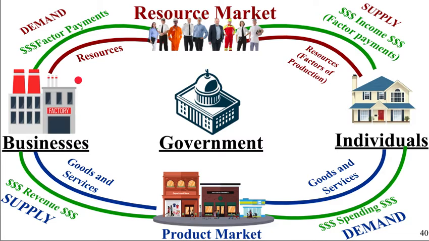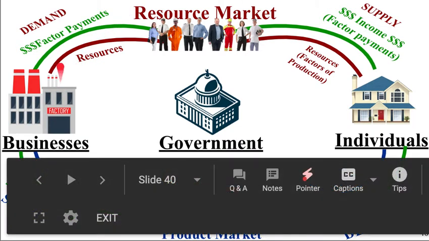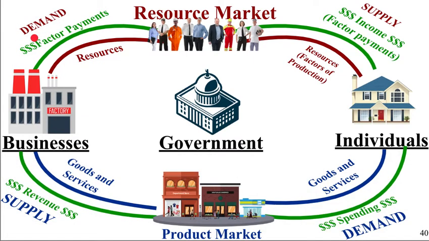On the right side, in the top corner up here, we have the supply being brought by the individuals. They own the land, labor, capital, or entrepreneurship, and they are sending it over here to the businesses who demand all of those things. It's necessary for them to operate their business to have the four factors of production. In exchange for that, the factor payments go back here to the individuals in the form of income.